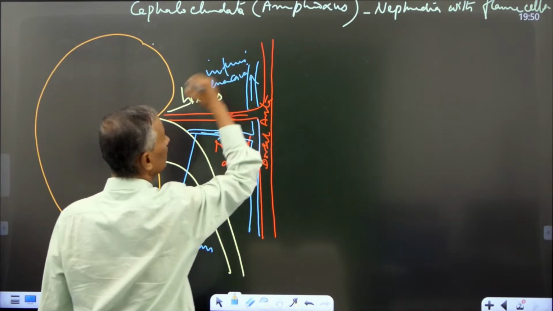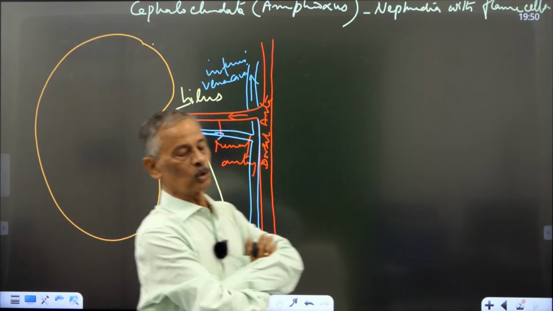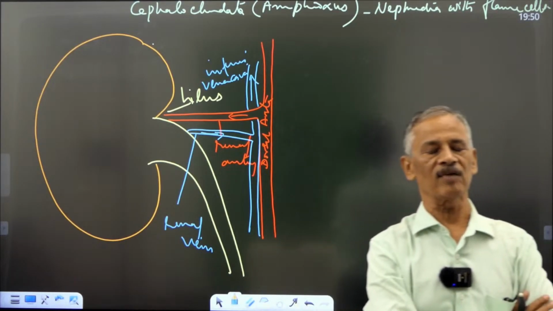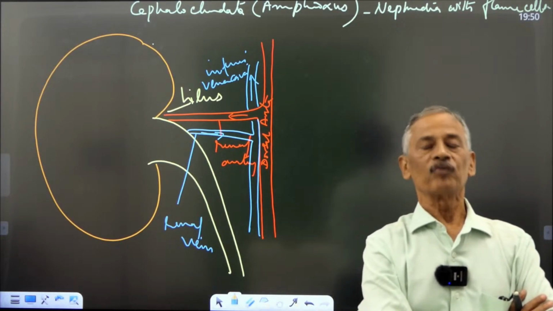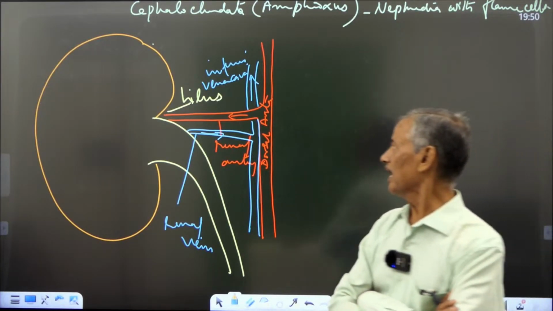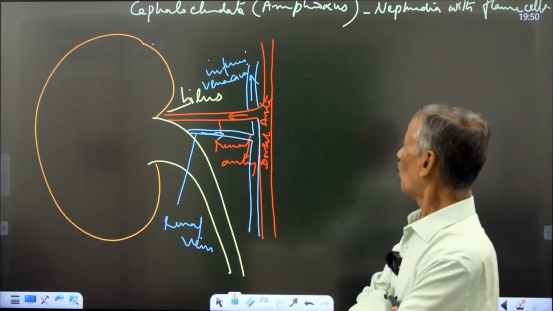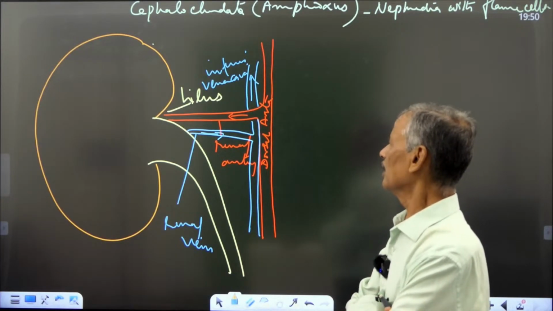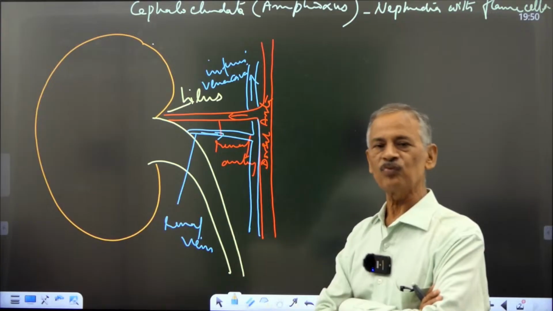In circulation, we studied two superior vena cava and one inferior vena cava. Inferior vena cava brings blood from the lower part of the body to the heart. So, renal veins are opening to the inferior vena cava and taking blood away after filtration.